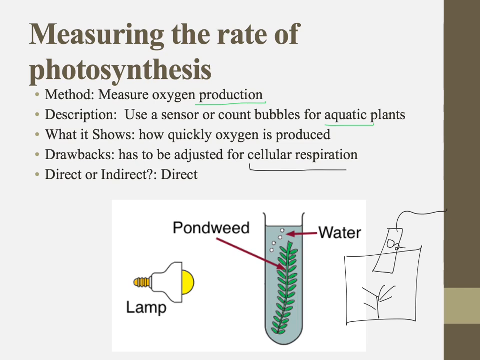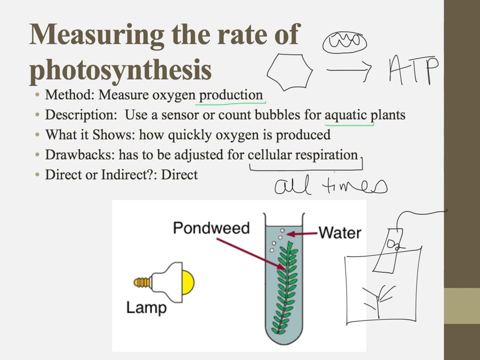Cellular respiration is being done at all times, because plants take the glucose that they're making in photosynthesis and put it through cell respiration in the mitochondria in order to generate ATP molecules. They need these, so they take what they make, glucose, in photosynthesis and put it through respiration for ATP. One of the problems is that process consumes oxygen.